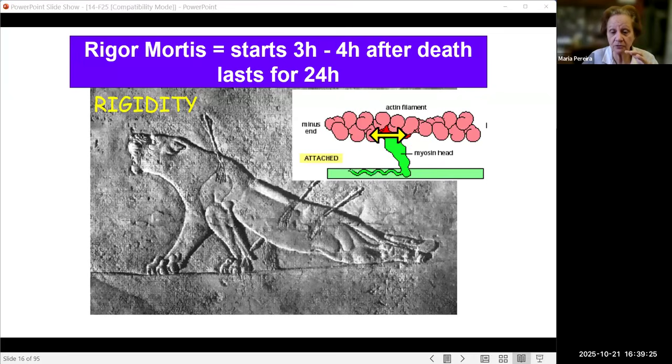So you needed ATP to form the cross bridges, but now there's no more ATP to pull apart those cross bridges. So that means that the muscles are in a state of contraction. So this is a state of rigidity. Eventually, all this comes apart, deteriorates, and then there's no more rigor mortis.